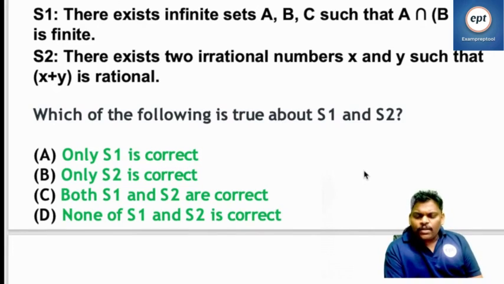So I want to ask you one thing. There exist infinite sets A, B, C such that A intersection B union C is finite. There exist two irrational numbers x and y such that x plus y is rational.